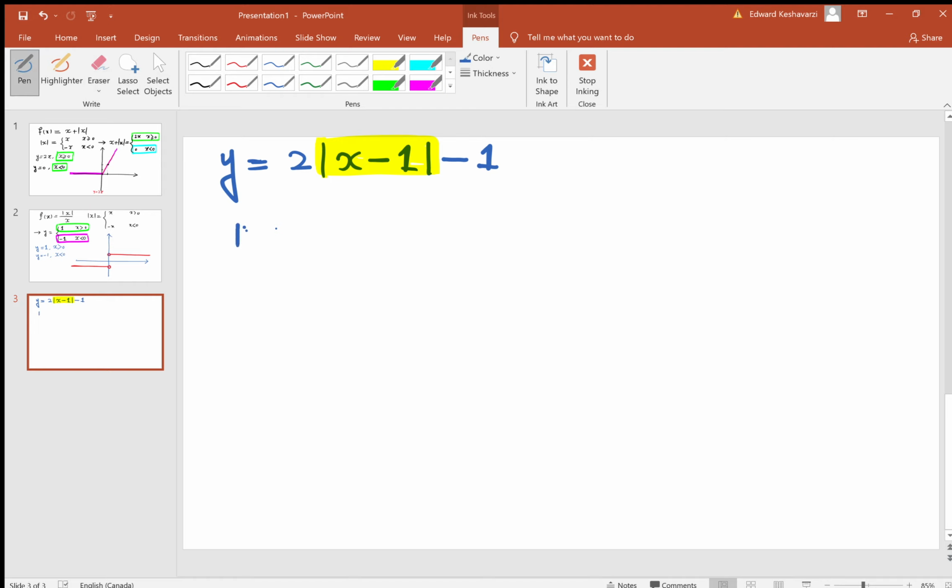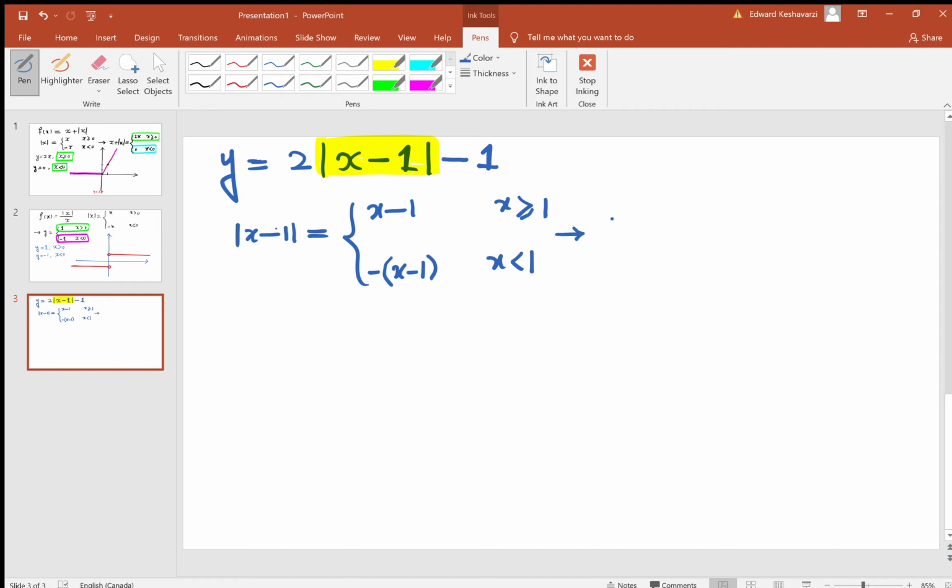The absolute value of x minus 1 is a piecewise function. X minus 1 as x is larger than or equal to 1, or negative x minus 1 as x is less than 1. All we need to do is multiplying everything by 2 and then subtract 1 from both equations.